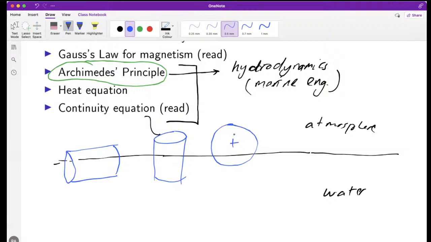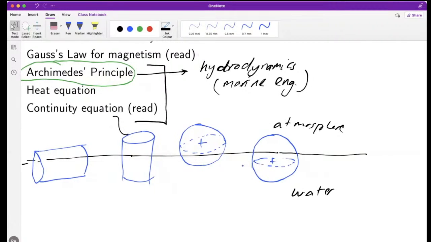If it floats like this, you have to set the integration in one way, and if it floats like this, where most of the solid is in the water, you have a different way to set up the integration. So you have to be aware of all this.